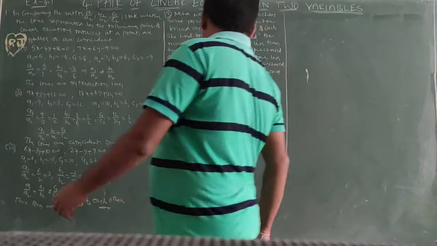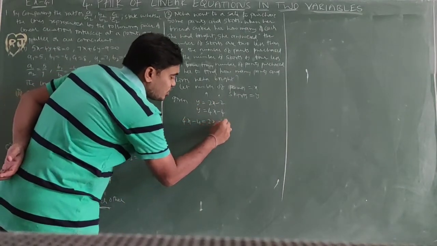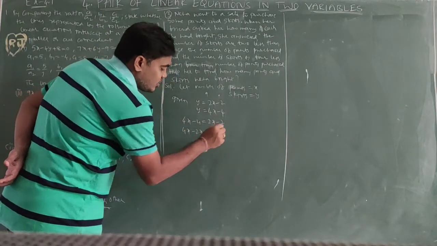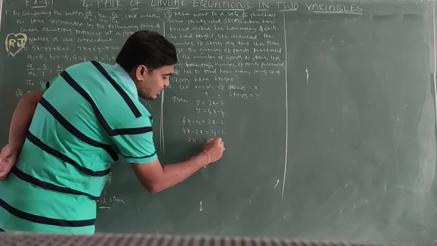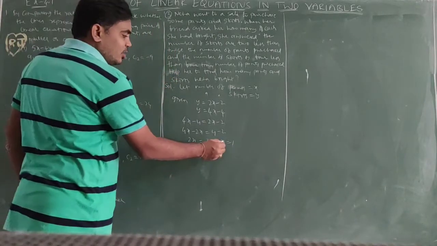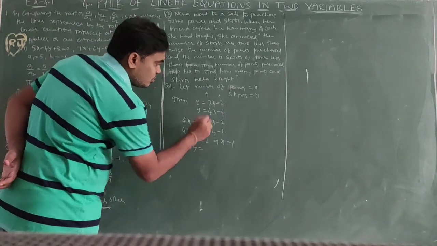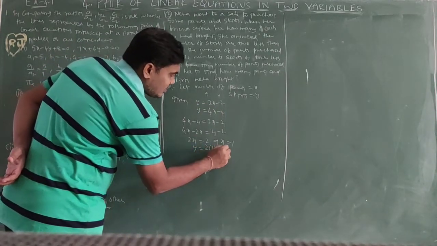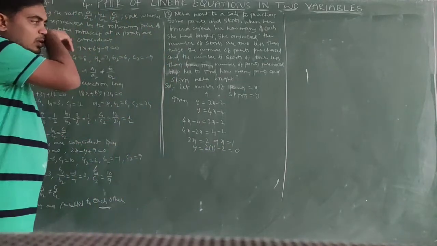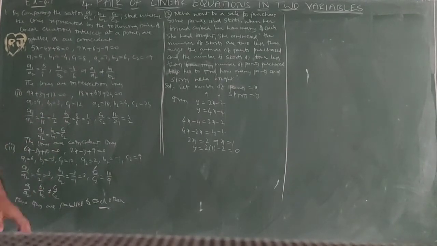So 4x minus 4 equals 2x minus 2, bringing terms over, 4x minus 2x equals 4 minus 2. 2x equals 2, x equals 1. Substituting, y equals 2 times 1 minus 2, which is 2 minus 2, that is 0.